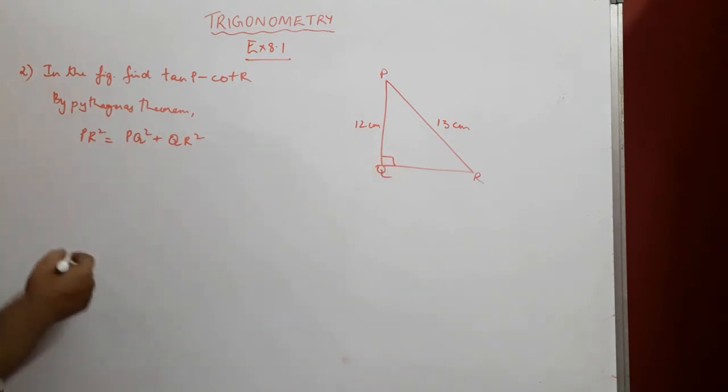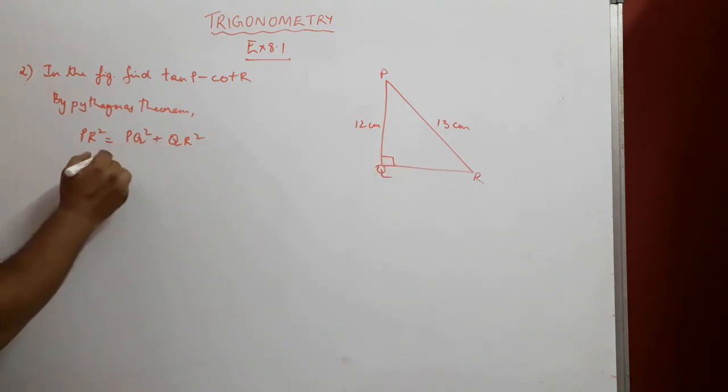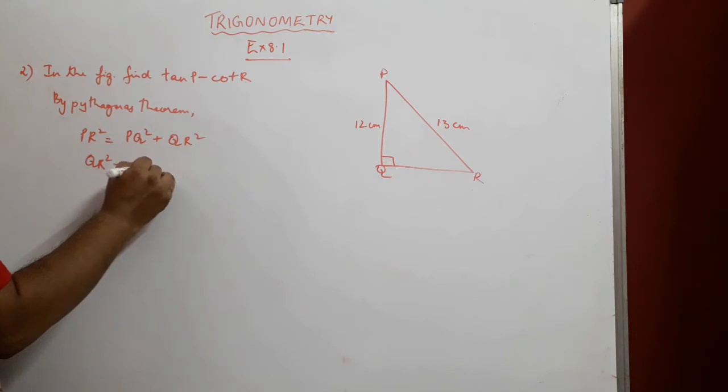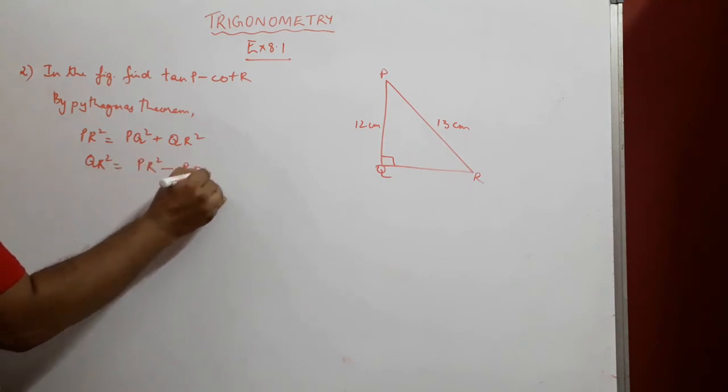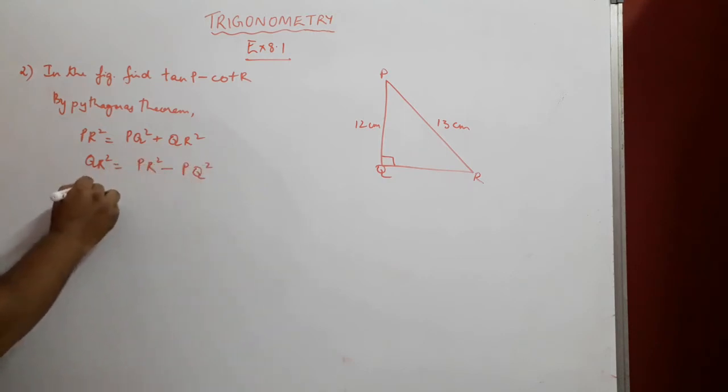We need QR square. I'll keep QR square on one side, and I'll take PQ square on the other side of the equal to sign. It will become negative. PR square minus PQ square.